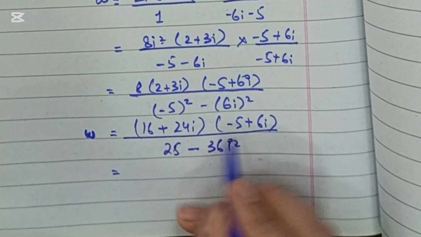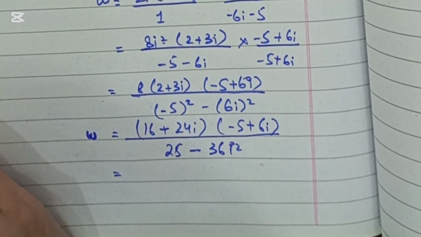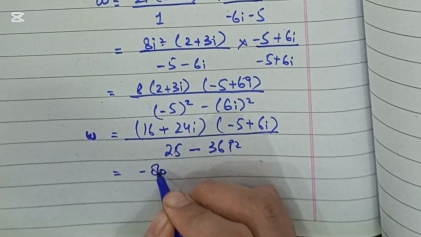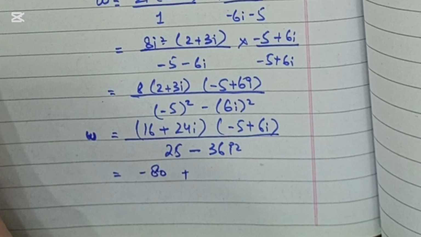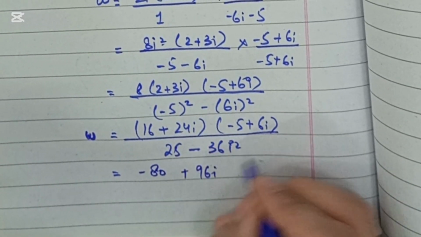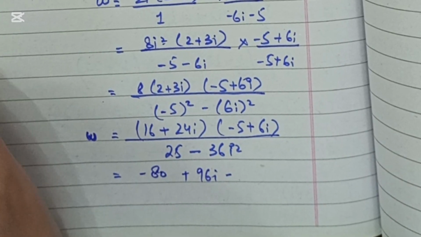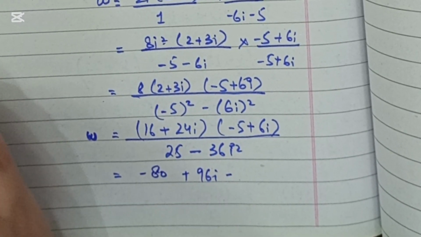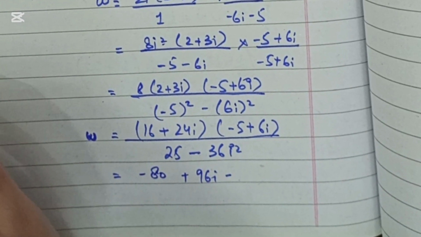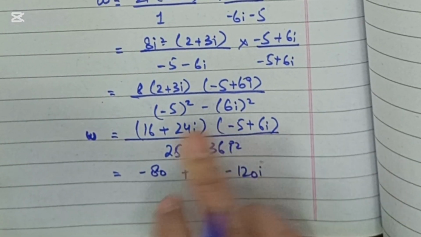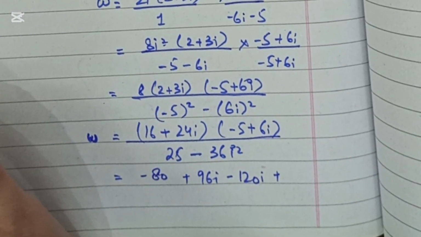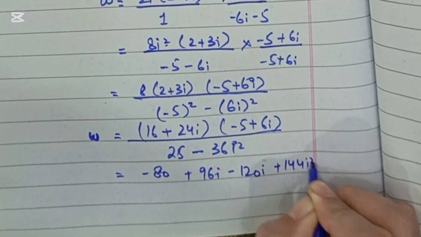Okay, now multiply this 16 into 5. 16 into 5 is 80, minus 80, plus 16 into 6 is 96 iota, plus minus 24 multiplied by 5 is 120 iota, and plus is plus, and 24 multiplied by 6 is 144 iota square.